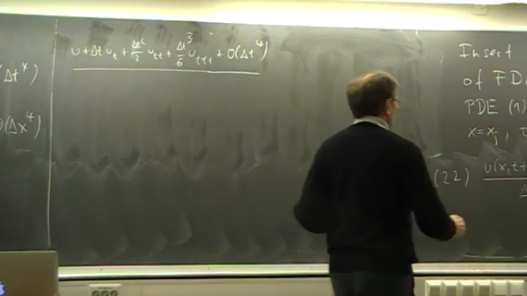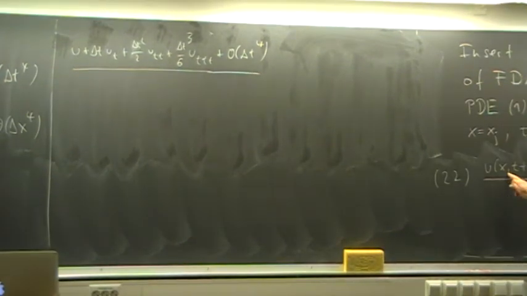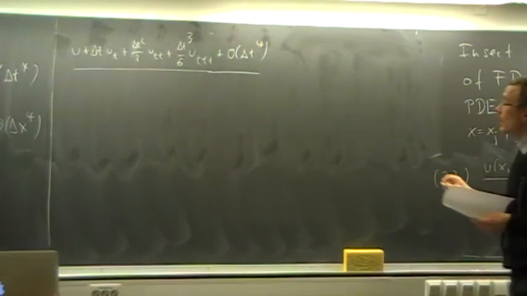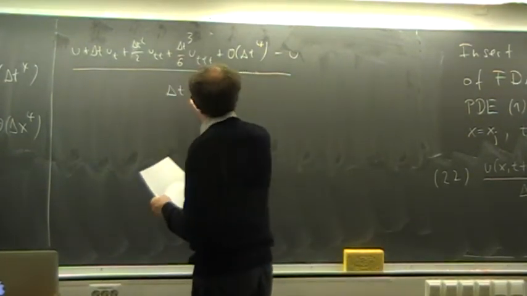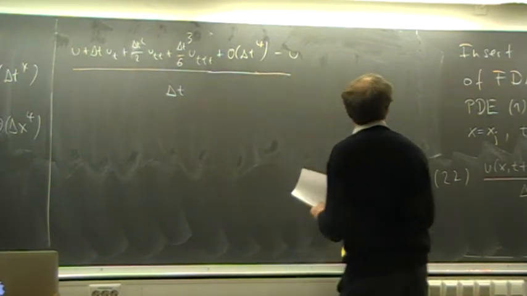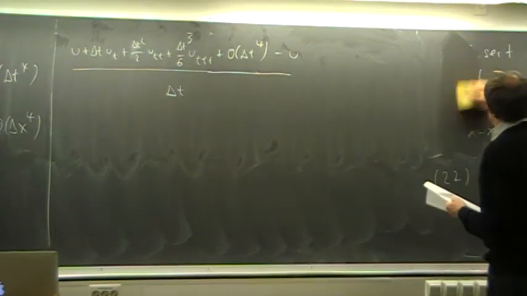That is our u of x, t plus delta t. Then we have minus u divided by delta t. Let's take that away here.